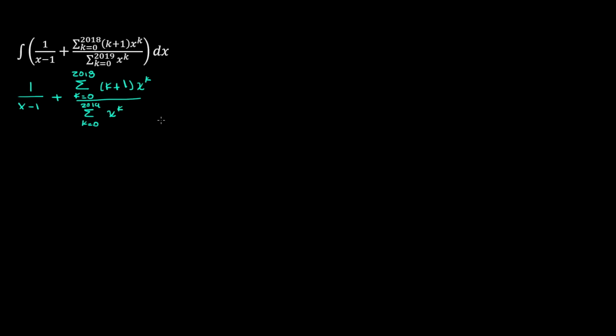Since we want to add two fractions with different denominators, we need to cross multiply.